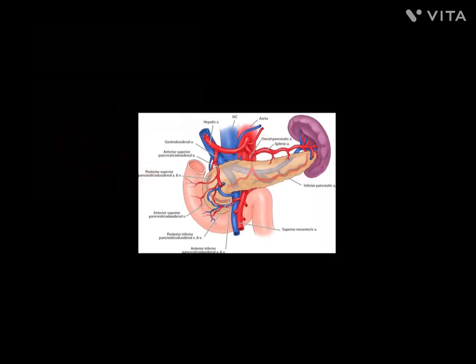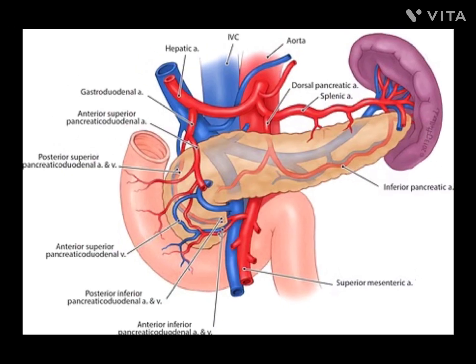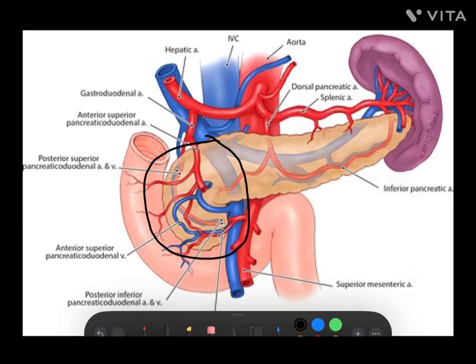Okay, so next one, blood supply. In blood supply, first of all we are saying arterial blood supply. In the head region the blood supply comes from the superior pancreatico-duodenal artery, which goes around this head region.